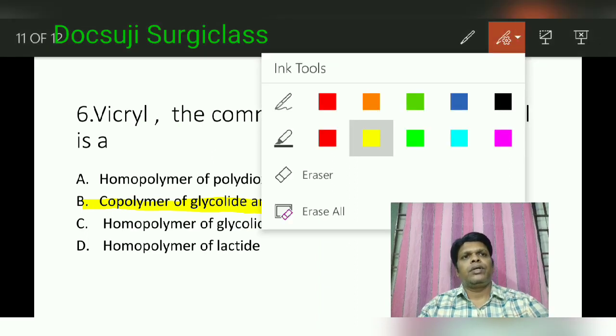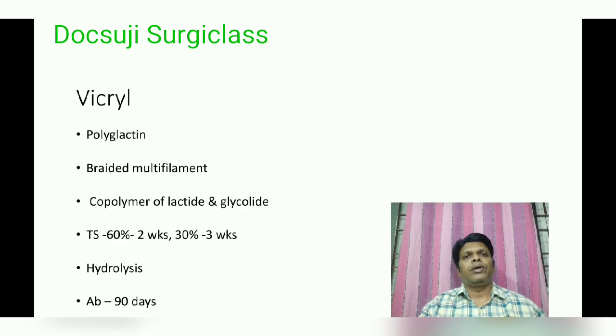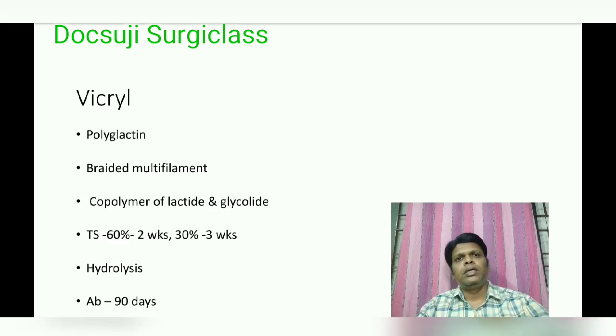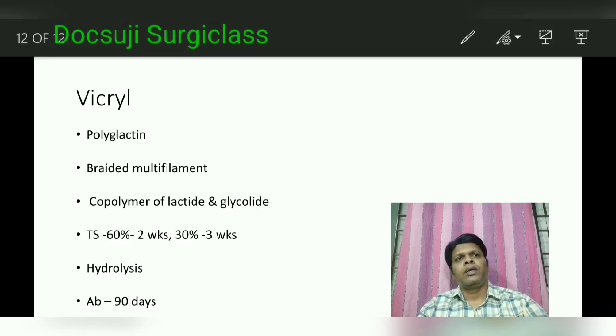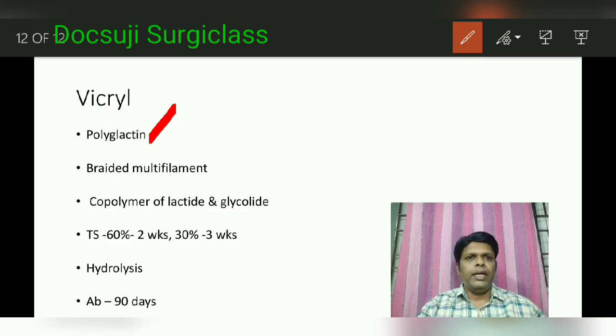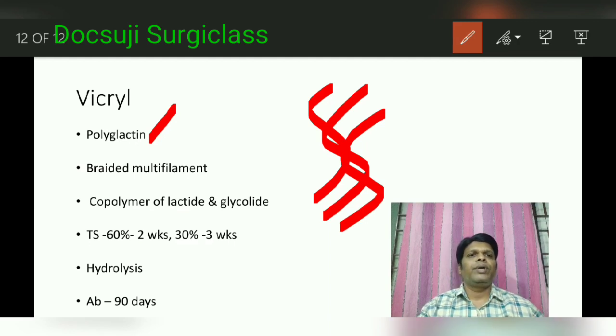Next we are going to discuss something about Vicryl. Vicryl is just a brand name, but the original pharmacological name is polyglactin. It is a braided multifilament, that means 2 or 3 threads together forming a braided multifilament.